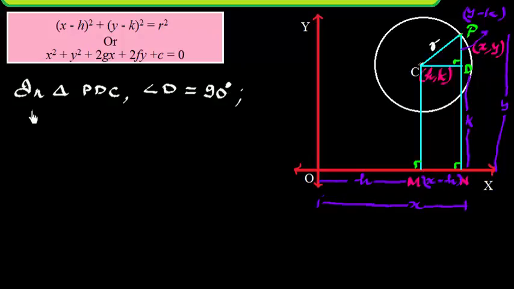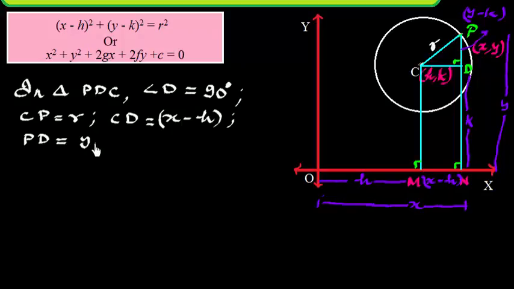Then CP is the radius R, CD is equal to x minus h, and PD is equal to y minus k.